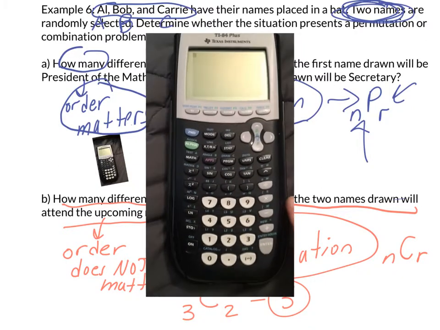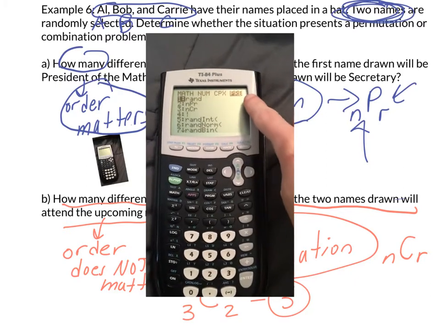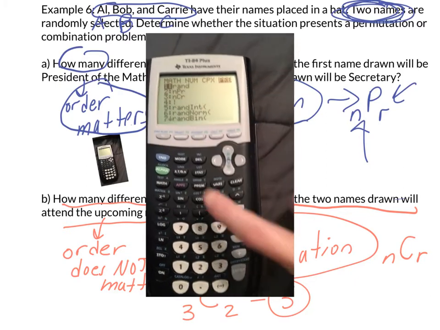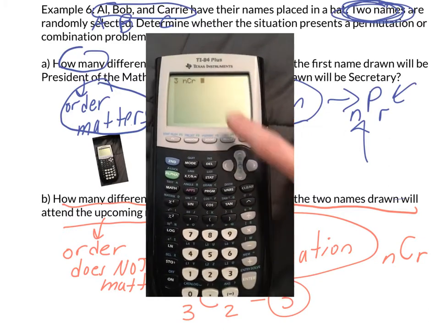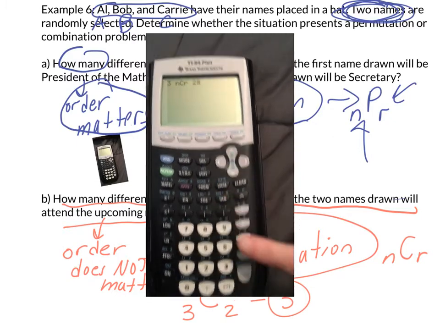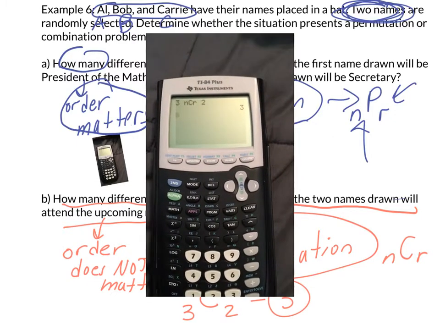So I put in the 3 first, then math button, go over to PRB, NCR for combination is number 3, and I'm choosing 2 names, enter for equals, and we get 3 as the final answer.